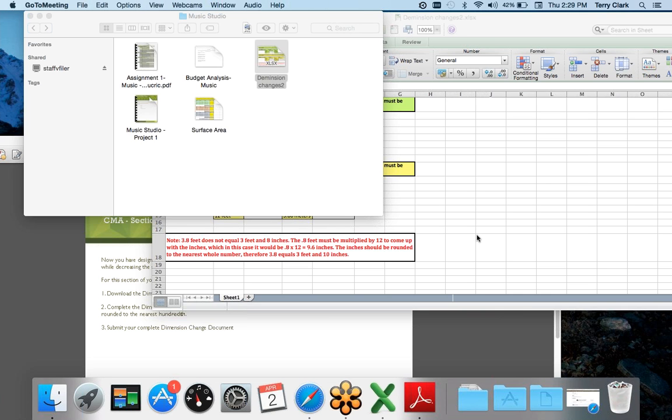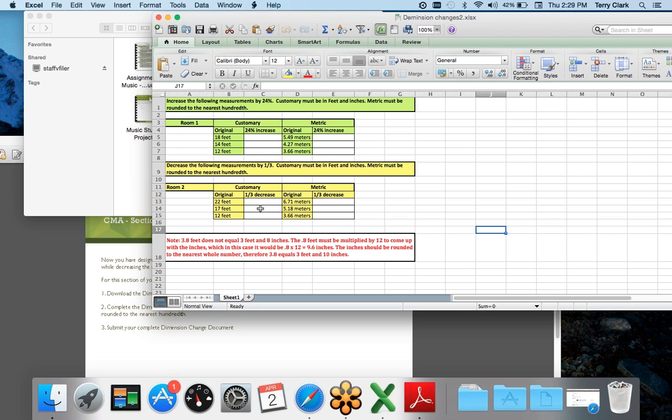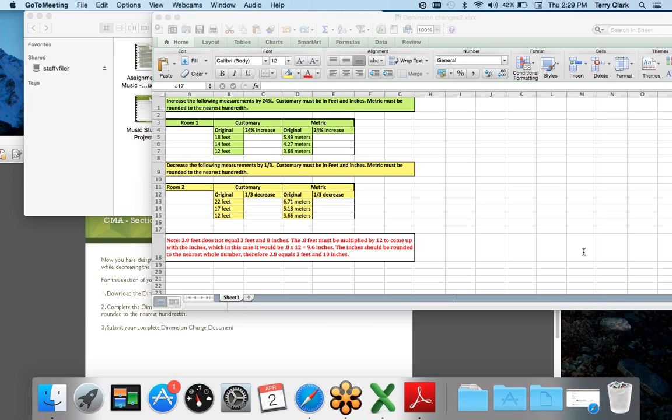Now the other part is decreasing by 1/3. I can decrease it two ways. The fastest way is to take 1 minus 1/3, and that's going to give me 2/3.